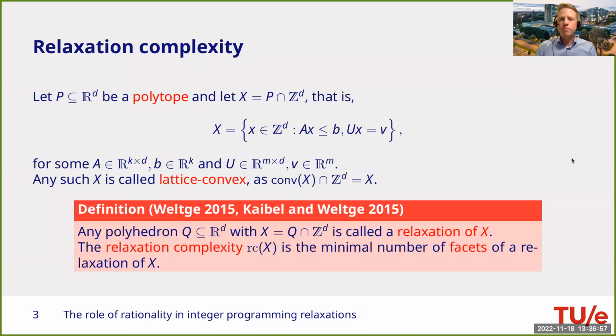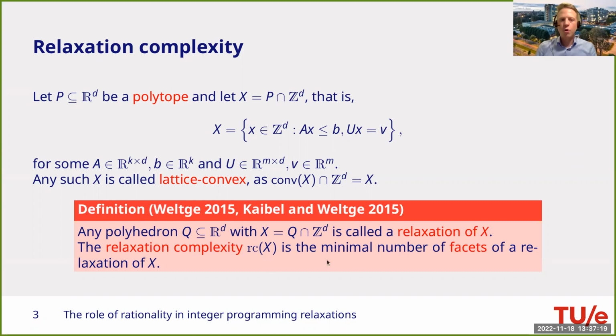And an integer programming formulation or a relaxation of such a point set X is then any polyhedron Q that has the property that if we intersect Q with the integer lattice, we recover the point set that we are interested in. And the relaxation complexity is then the minimal number of facets of any such relaxation, of any such polyhedron.